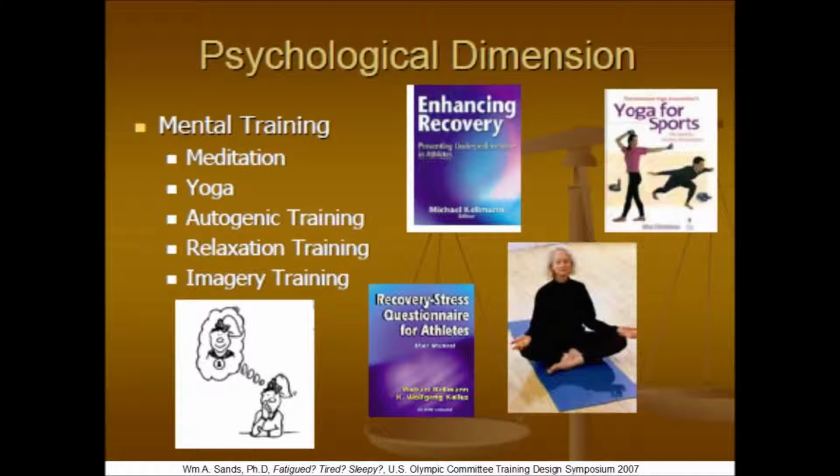As below suggests, meditation, yoga, autogenic training, that's simply self-talking the body down. I feel good, I'm relaxed, I'm going to take some deep breaths. Relaxation training and imagery training, all those last 3 deal heavily with the mind, and I think it's our job and the athlete's job to research and discover how to do these things in order to increase high performance training. Again, this whole slideshow is on recovery, and these are psychological ways that the athletes can recover.